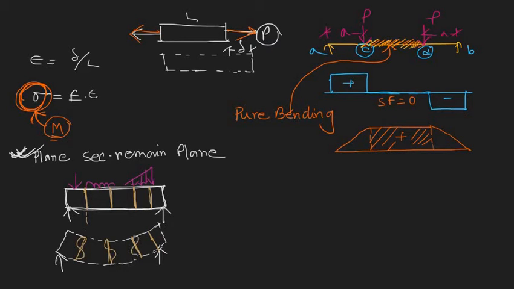So this is the meaning that plane sections remain plane, and it makes it clear that these edges remain plane like this. They don't bend or deflect like this. It is not the case. Got it? So this is the meaning of plane sections remain plane.